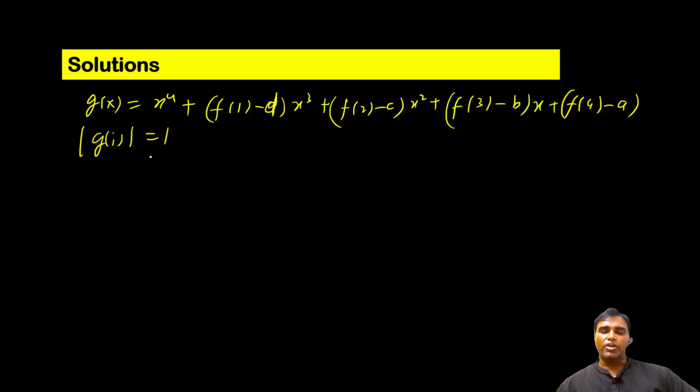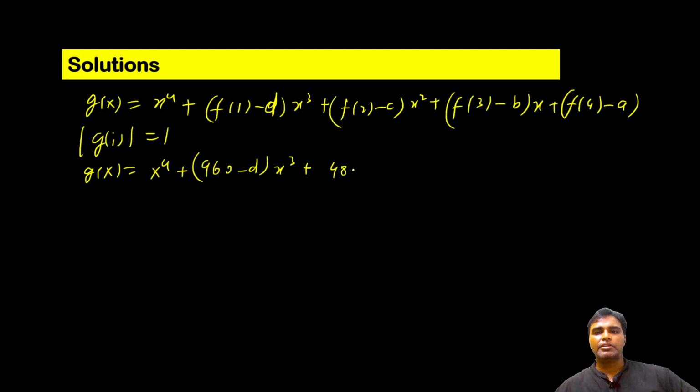Now our target is to find ABCD value. Let's see how we'll do. F1 we found already. F1 is how much? 960. So gx value, let's rewrite this again. x power 4 plus (960 minus t) x cube. F2 value is coming as 480 minus c x square, and 320 minus b x and 240 minus a.